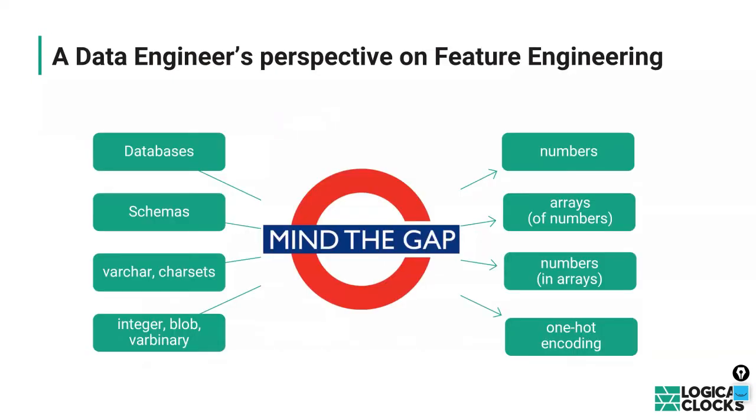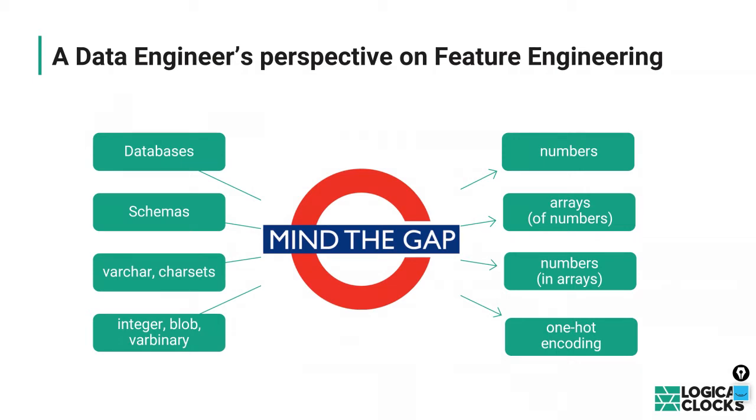So the gap I'm trying to identify and point out here is that the data engineers have tremendous skill in collecting the data, doing the 80% of the work that we say machine learning is about: collecting the data, transforming it, cleaning it, and getting it from all these back-end systems. Often the data may be in databases or data lakes.